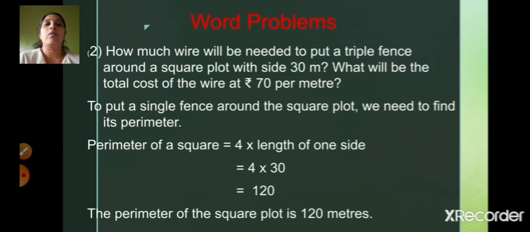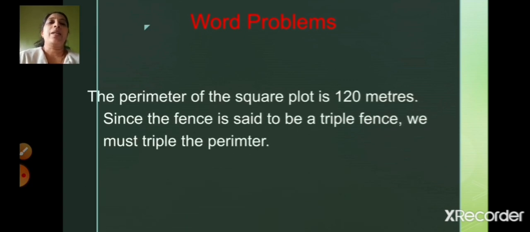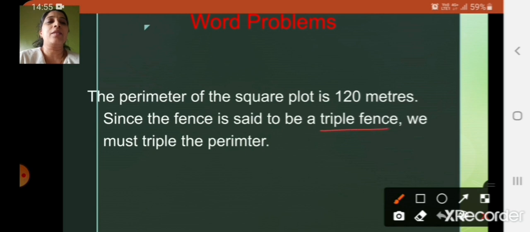Now we will find out the answer for the triple fence, that is 3 times you have to put a fence. So the perimeter of the square plot is, as I told you, 120 meters. Since the fence is said to be a triple fence, we must triple the perimeter. Triple the perimeter means 3 times you have to multiply, right?